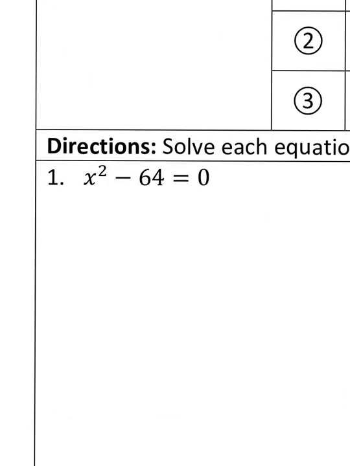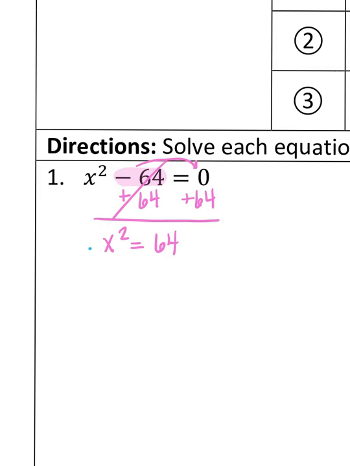Okay, so here we have x squared minus 64 equals 0. All we're going to do is move the 64 over. You add 64 to both sides, just like when solving equations. So now we have x squared equals 64.